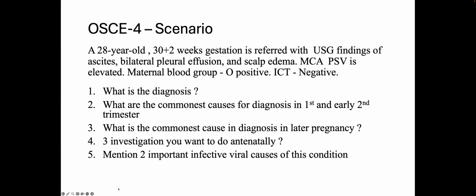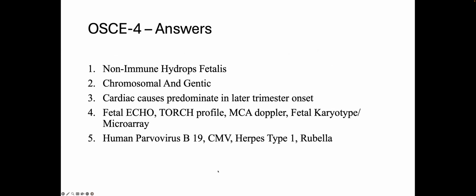Yes. So obviously, this is a condition where the baby is hydropic, and the information that the ICT is negative and there is no ABO or Rh incompatibility says that mostly the cause is non-immune hydrops.